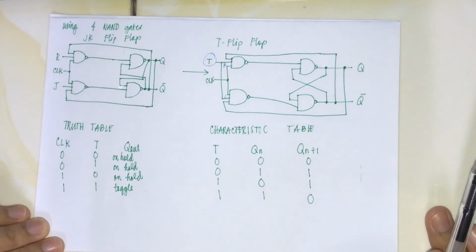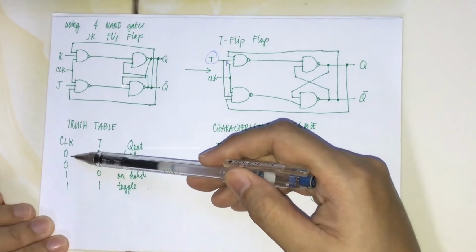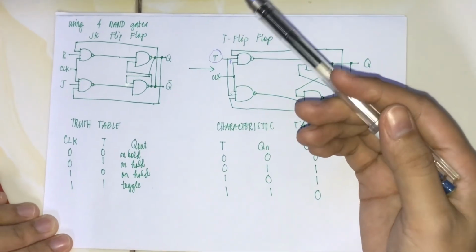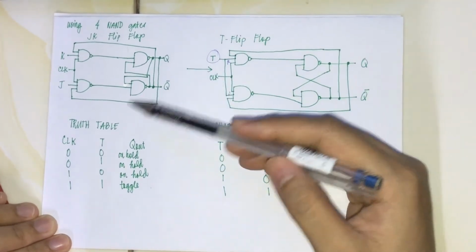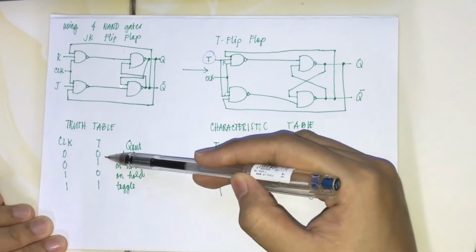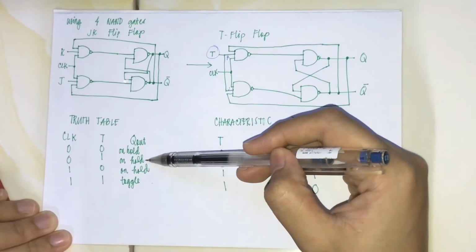So now for our truth table. First, if the clock is connected to the ground or at low, 0, regardless of the value of the T, either high or low or 1 or 0, the output would be on hold.